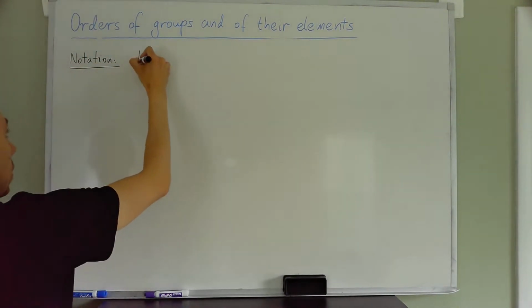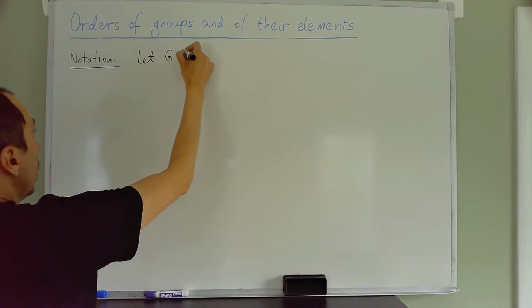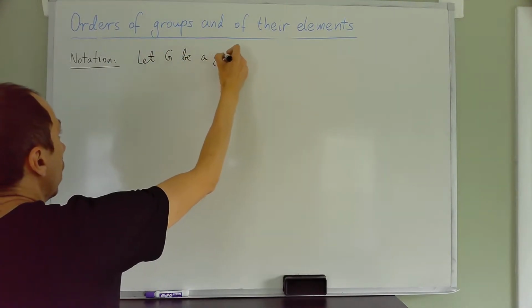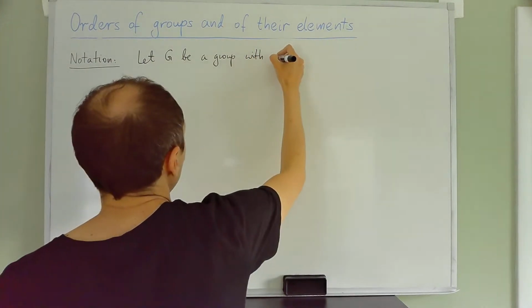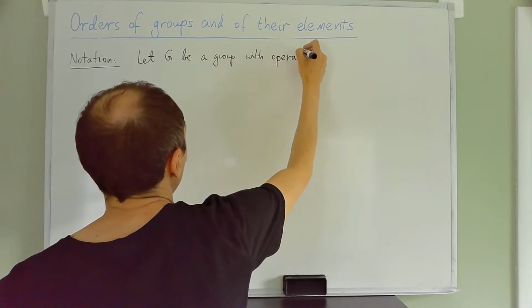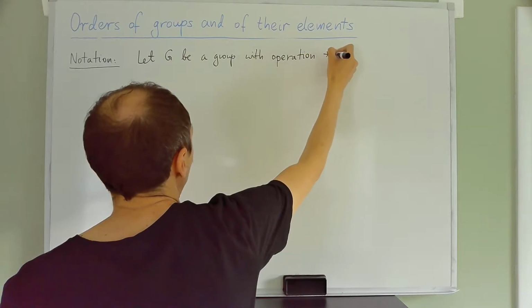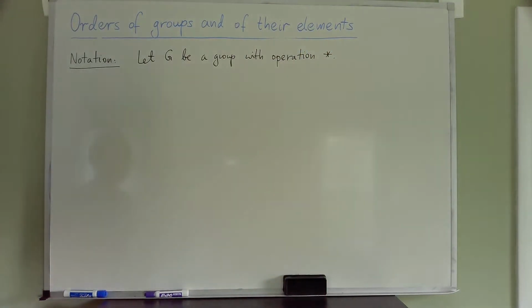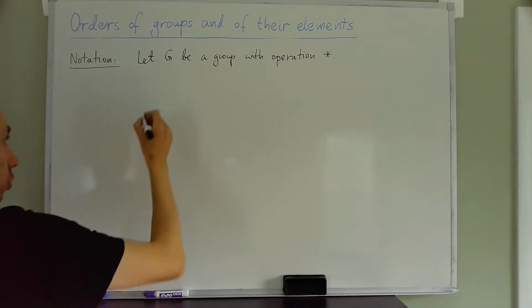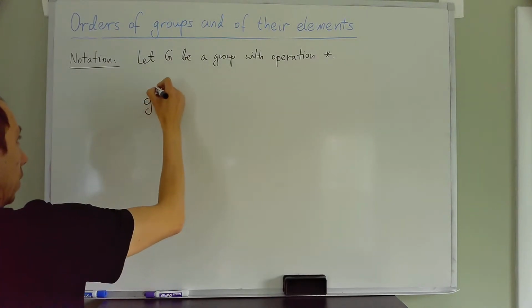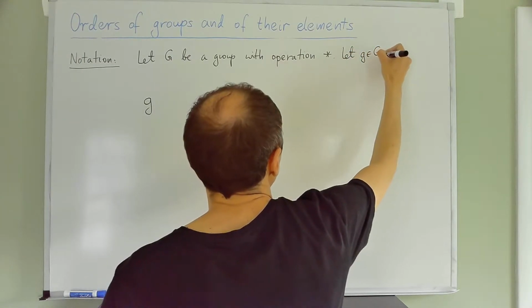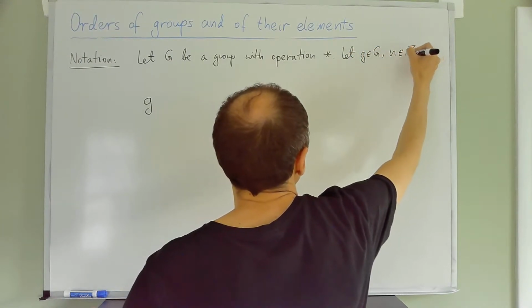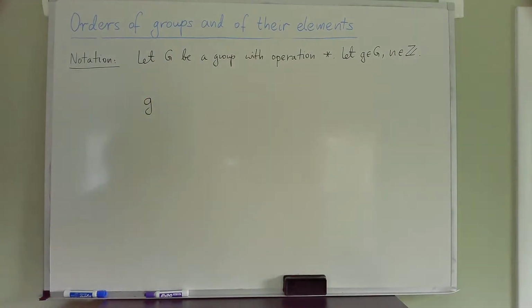So let G be a group with operation star. So I'm introducing the following. Let g be in G and n be an integer.